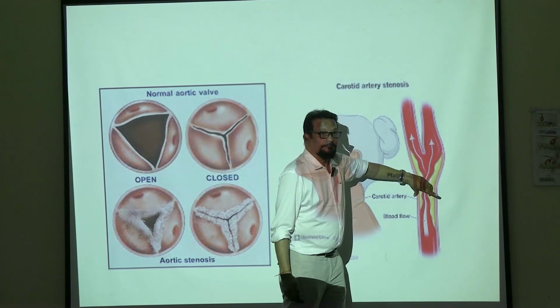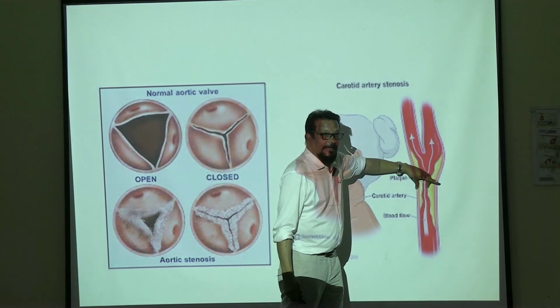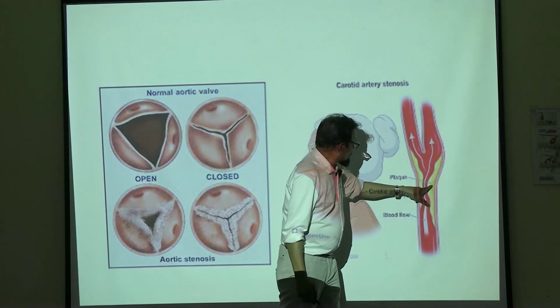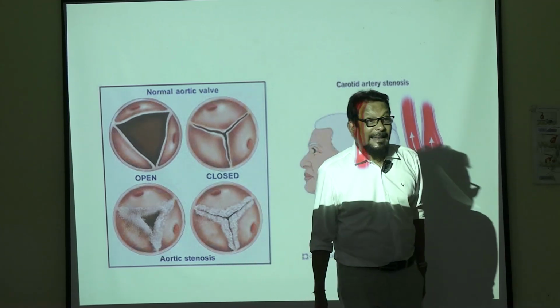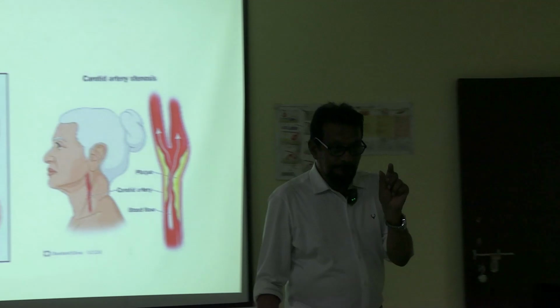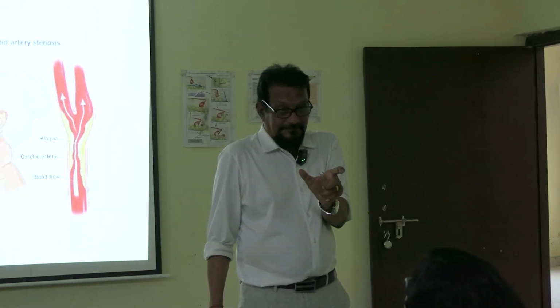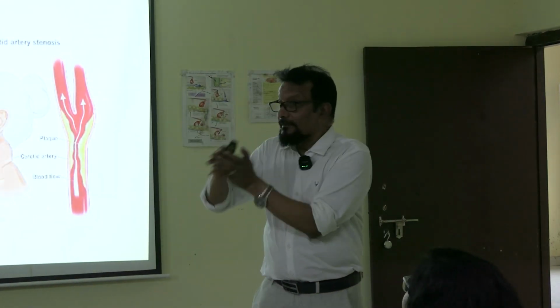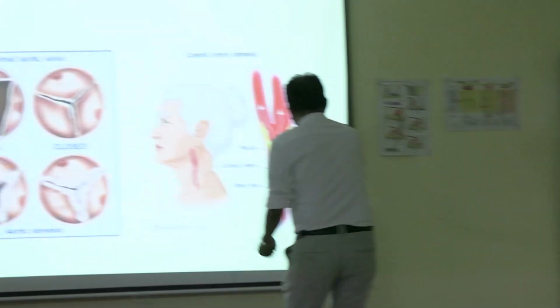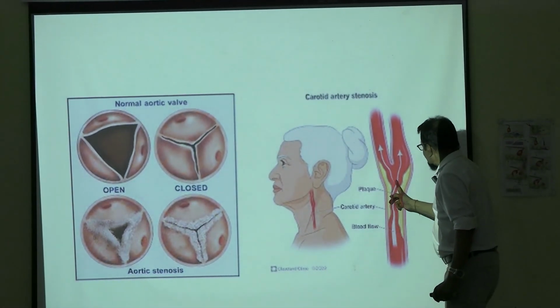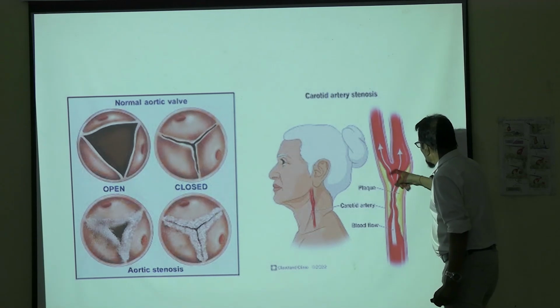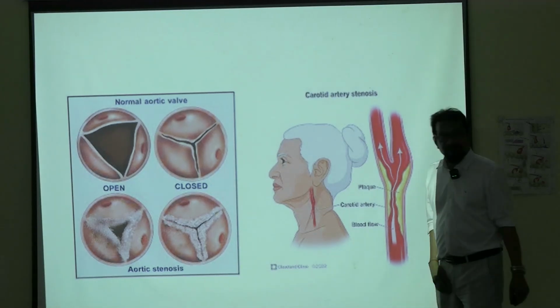Here it is narrowed. This is the plaque, formation of atherosclerotic plaque. The inner layer is thickened, so the lumen is narrowed. As a result, while blood is passing through this narrowed part, velocity is increasing. Here velocity is increased too much, so it will produce turbulence.